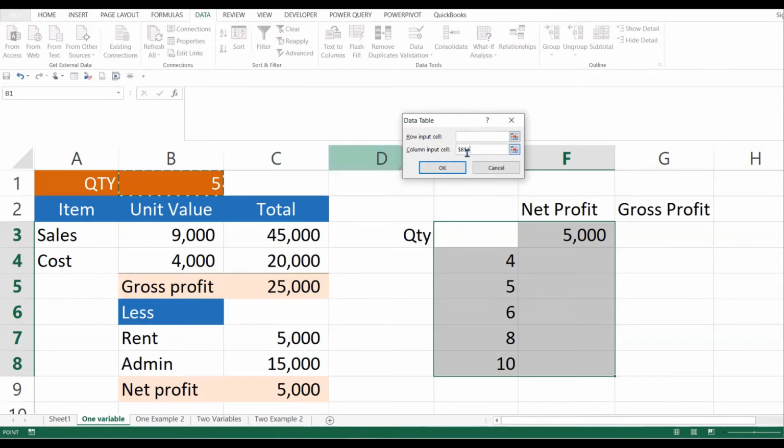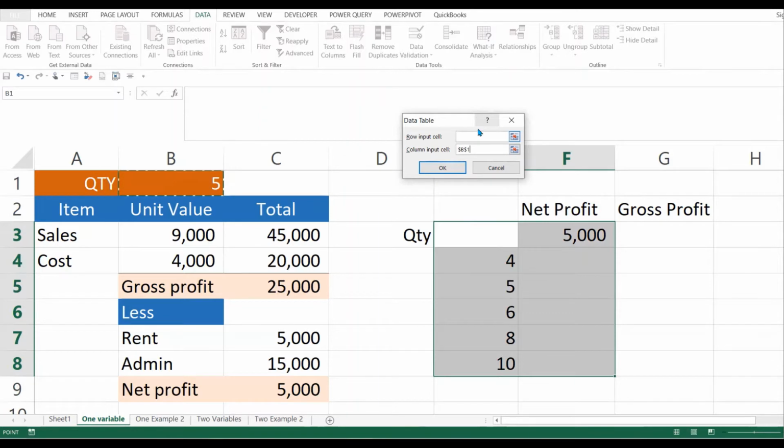Remember, row input cell is not for us: our input variable, the one that we are varying, is in column form. So we can't use this one here.